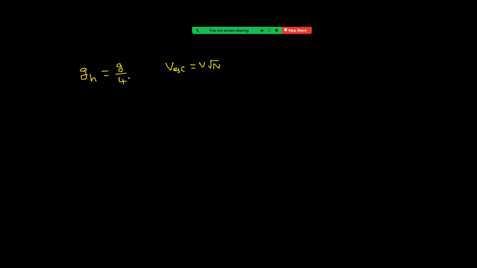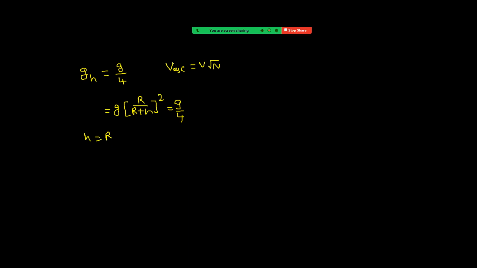We know how the g value changes with height: g times the square of r upon r plus h. So this is g by 4, which means h equals r.